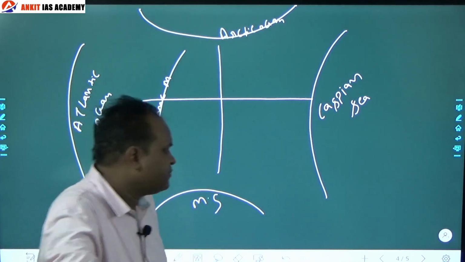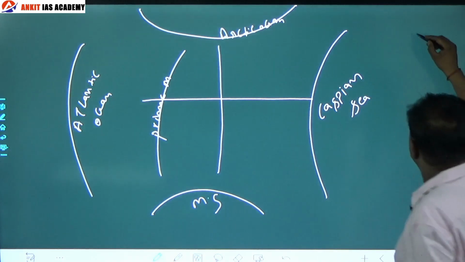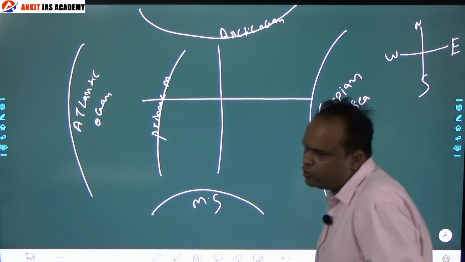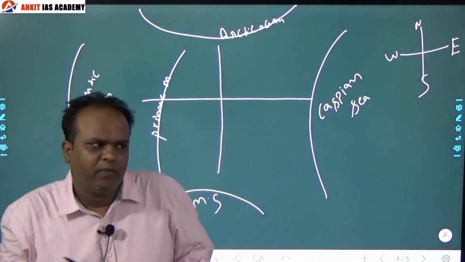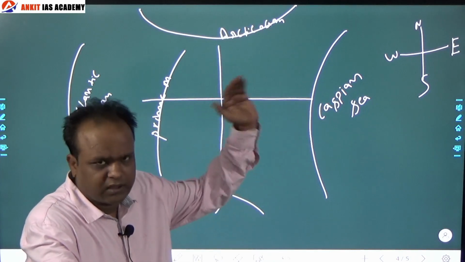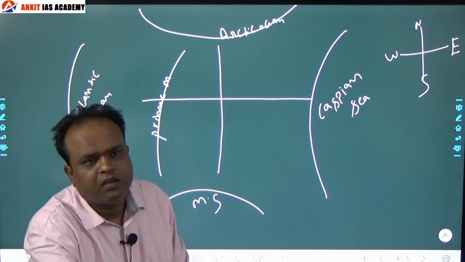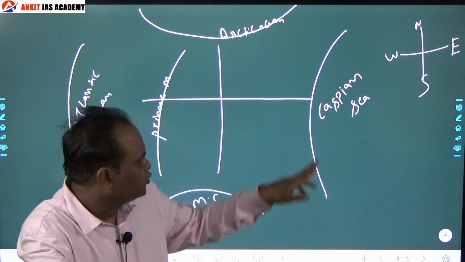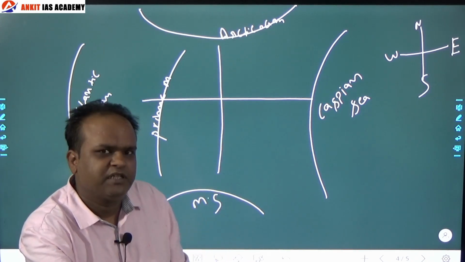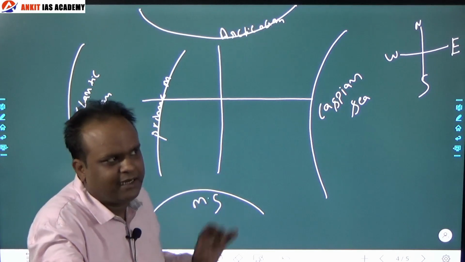Just remember, there is one basic thing also. This is north, this is south, this is east, this is west. These locations are very important for mapping and geography. Just remember, to the north, there is the Arctic Ocean, to the south the Mediterranean Sea, to the eastern side the Caspian Sea, and to the western side the Atlantic Ocean.